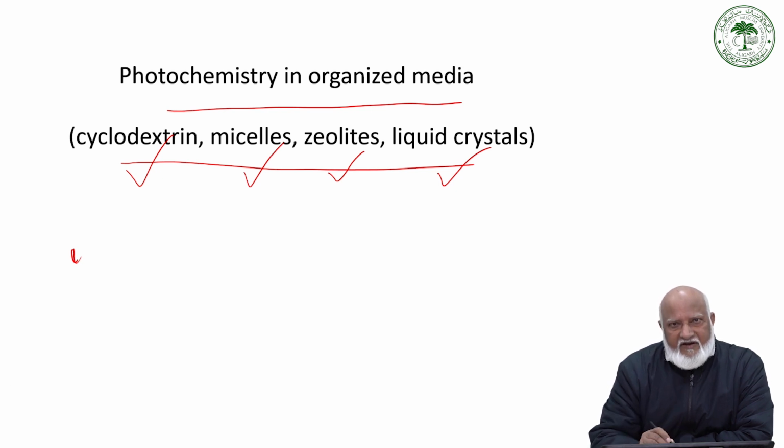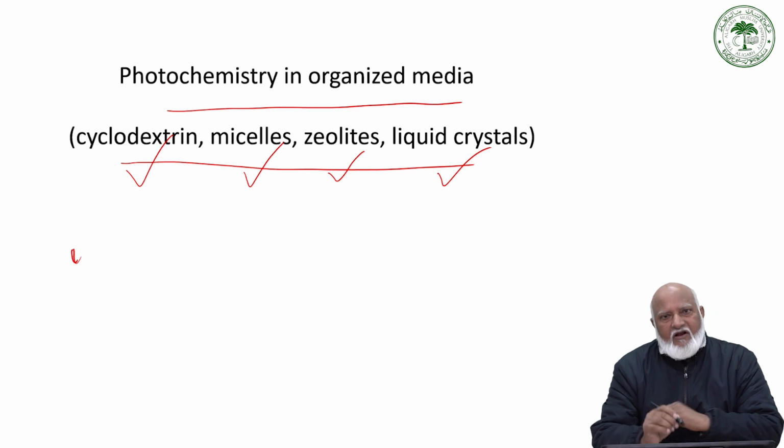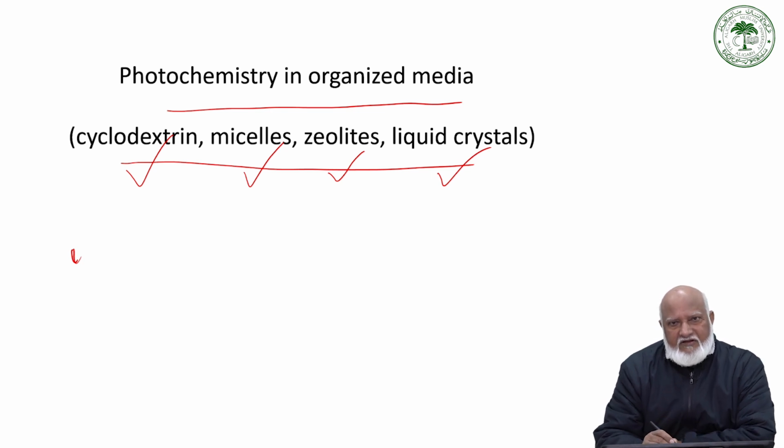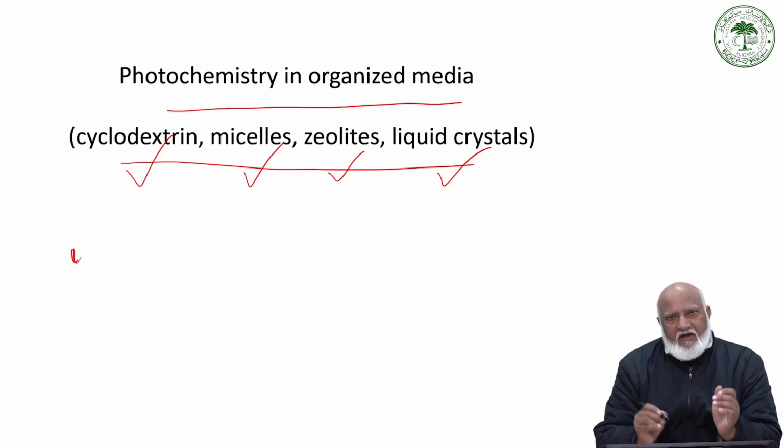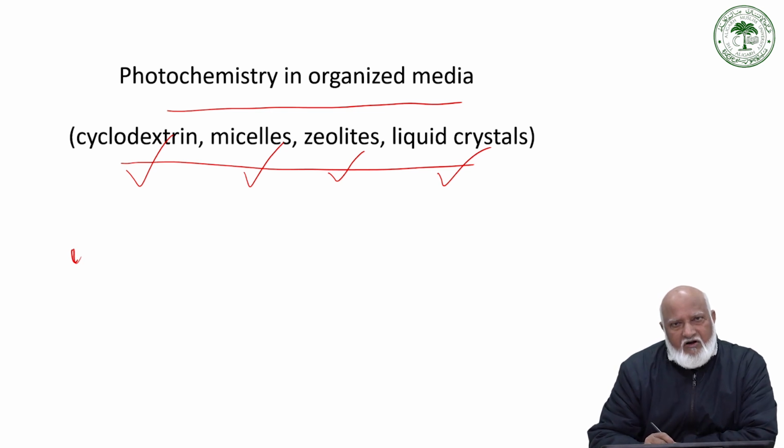They are known as organized media because they organize in such a way that they form a very special type of structure. For example, in cyclodextrin, 6 glucose units or 7 glucose units can connect in such a way as to give a cyclic structure that looks like a bucket or a donut.